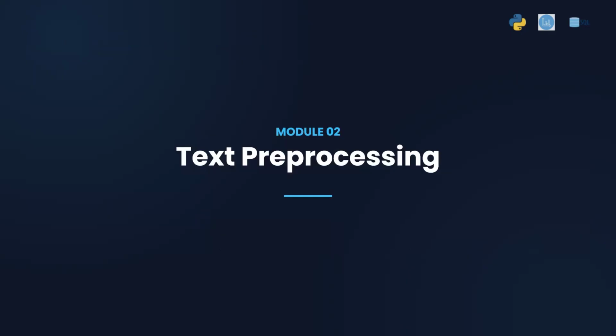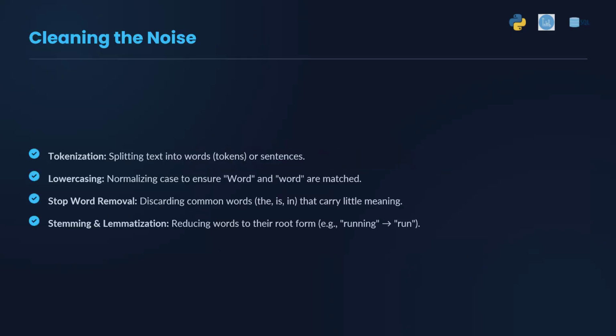Text processing is where you divide your English language or any kind of language into different words, splitting the text into words or sentences. And there are so many operations we perform on top of it, like lower casing all the words, normalizing the case, and stop word removal, where we discard common words like the, is, in, and, which have little or no meaning.